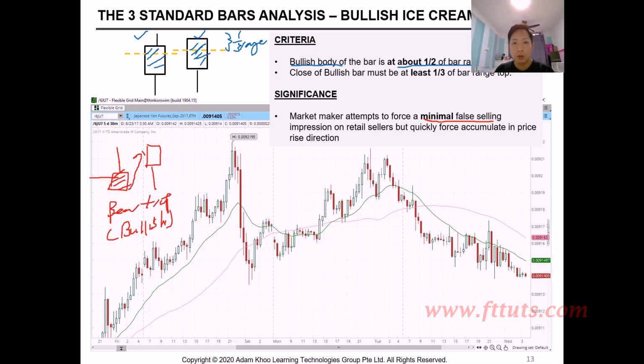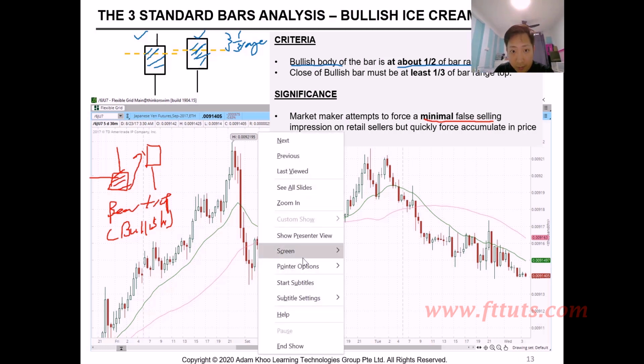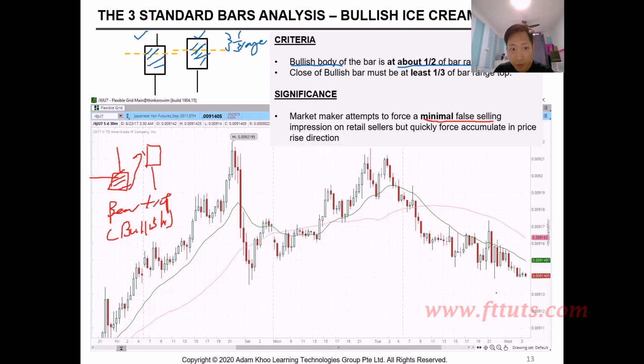Okay, so let's take a look. You can pause the video and identify the bullish ice cream bar over here. I'm just going to go through identifying the bullish ice cream bar. So this could be a bullish ice cream bar.